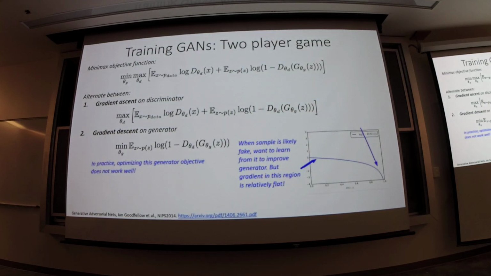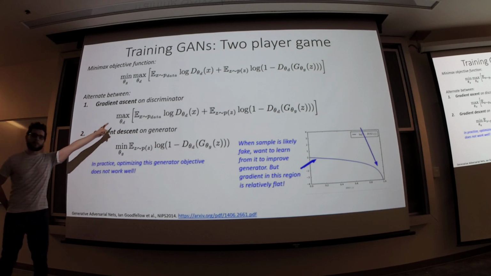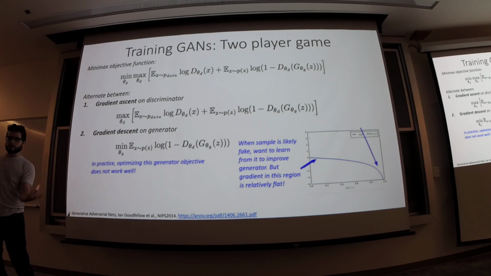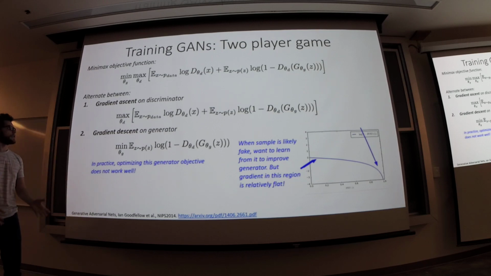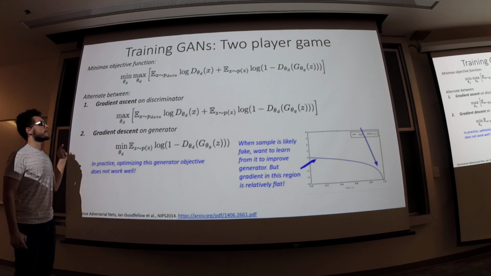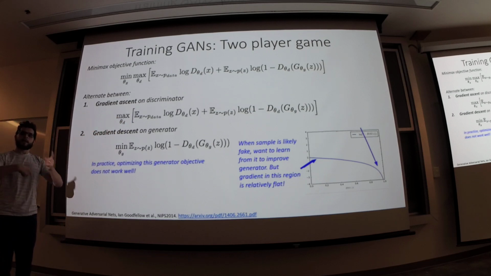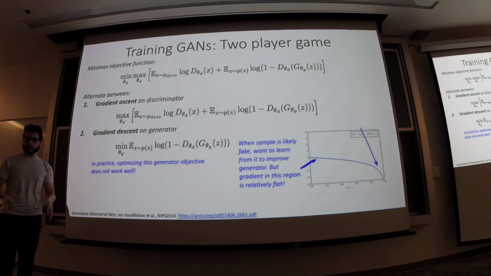So this is how we do it. At each iteration, we use gradient ascent on the parameters of the discriminator. We have a mini batch of generated data, then we associate a mini batch of real data and put them in the discriminator. We find the loss and we want to maximize it, so we update the parameters of the discriminator.